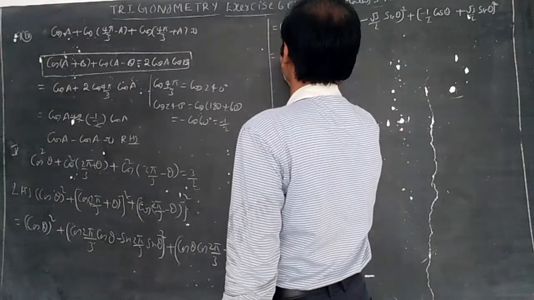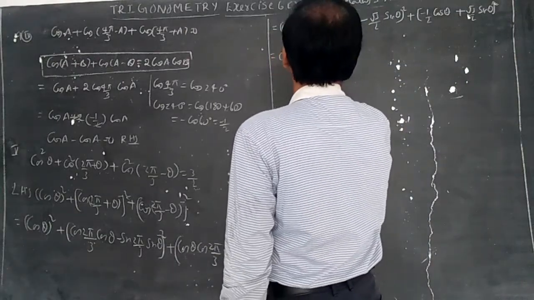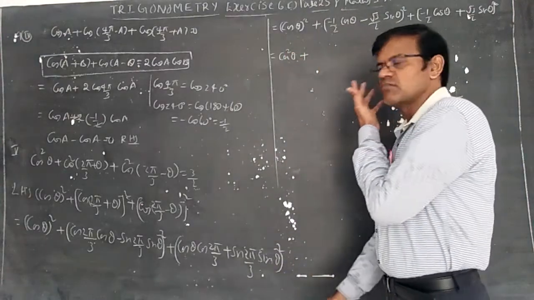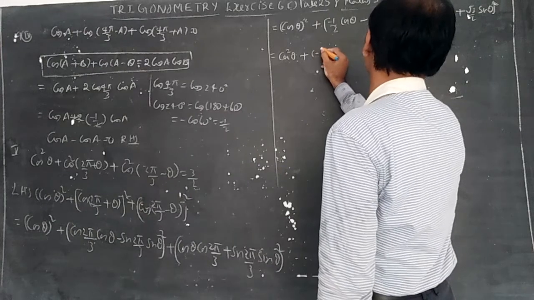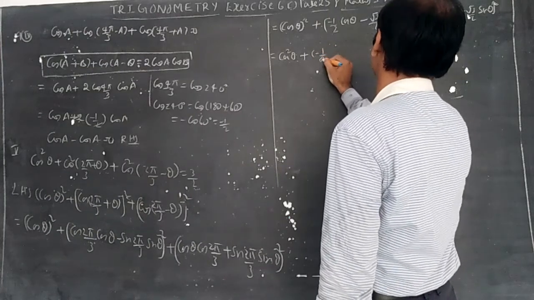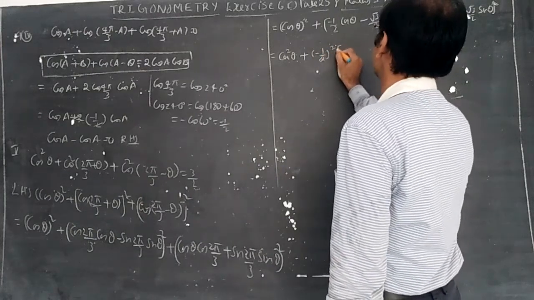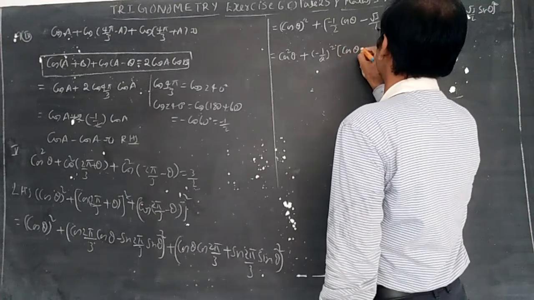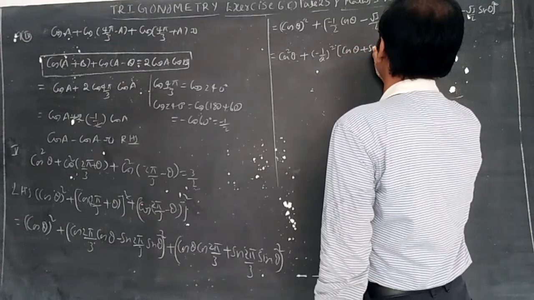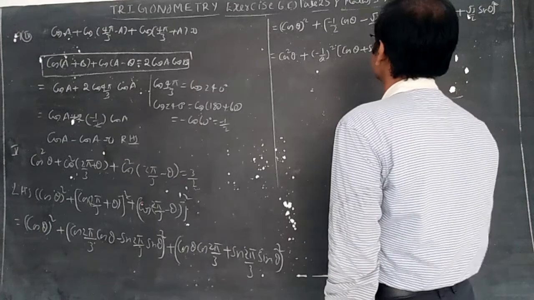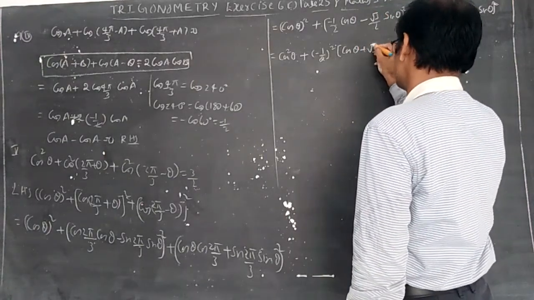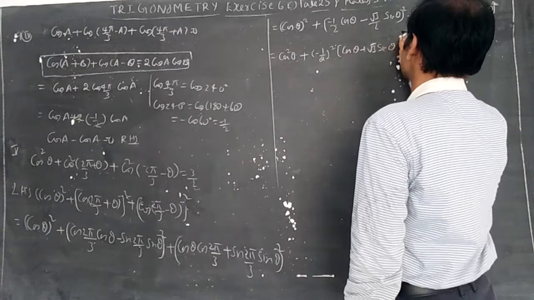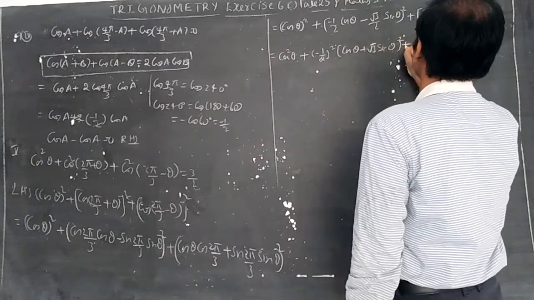that is equal to cos square theta plus, if we take a minus common here, so minus 1 by 2, you can take common along with the square, it becomes cos theta plus root 3 sin theta whole square.